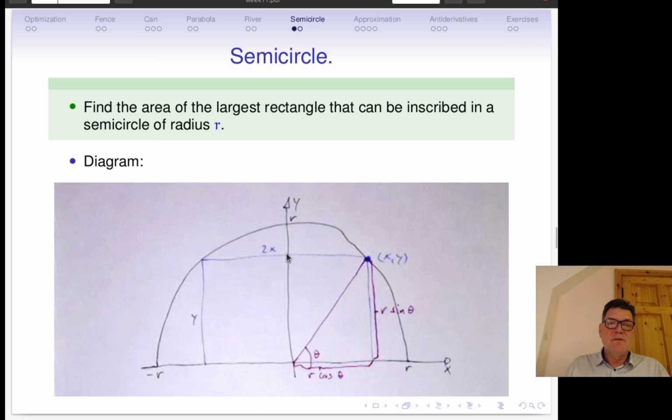That's 2x, so that's a rectangle of area 2xy. Also, I've marked here the angle that the point (x, y) sits at on the circle, on the semicircle.